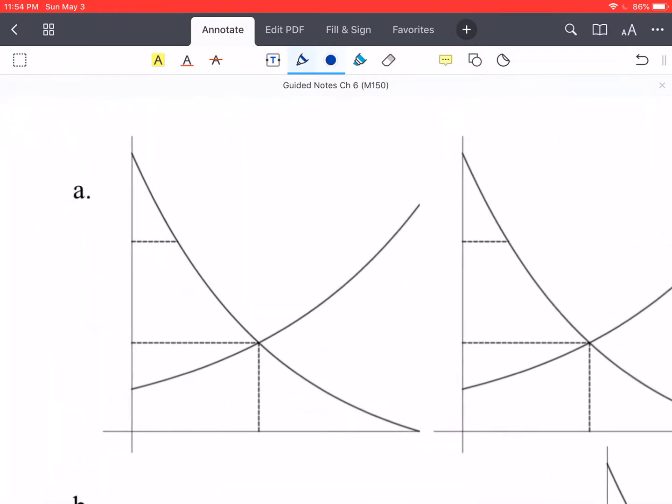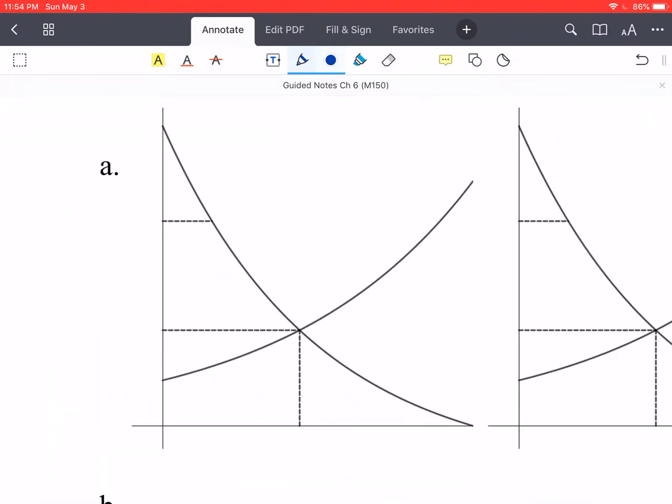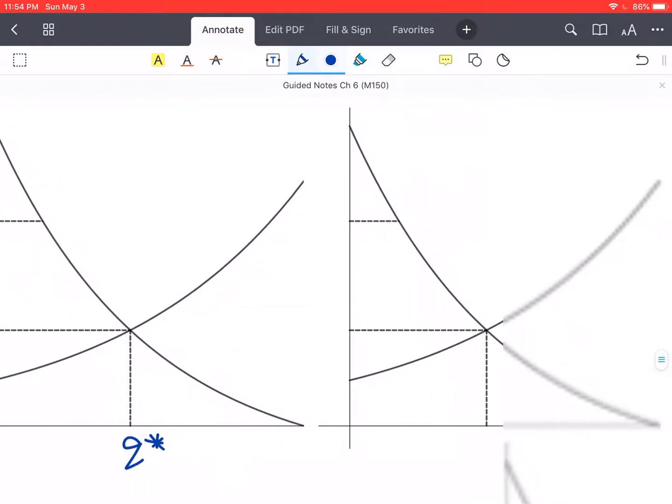Okay, so let me just label these up really quick. Let's pull open this graph here. Okay, so here's P star, here's Q star, there's P plus. All right. So when we're looking at consumer surplus, on the other graph here, again, here's P star, here's P plus, here's Q star.